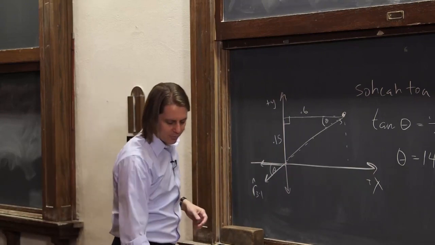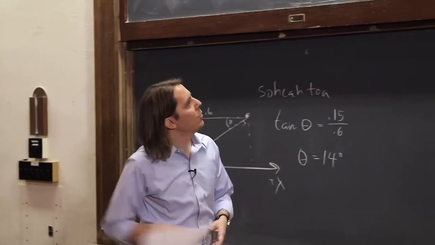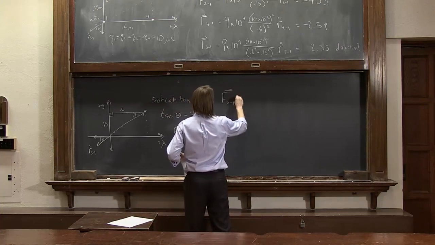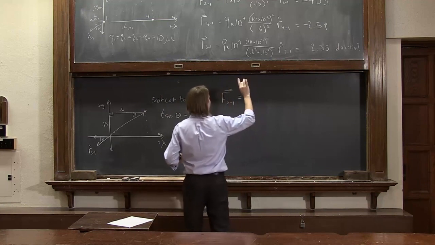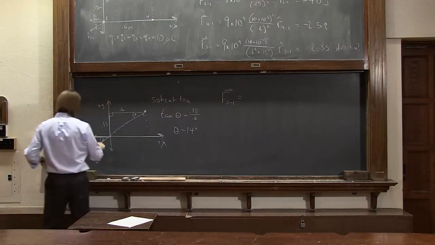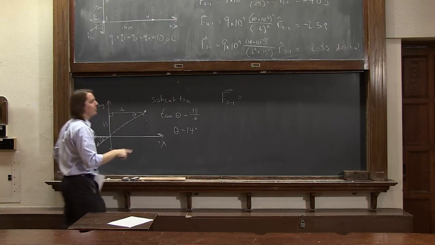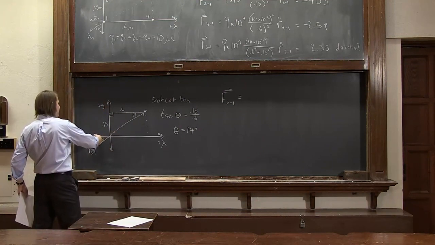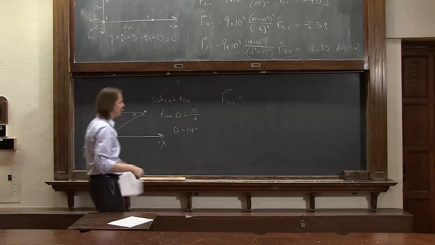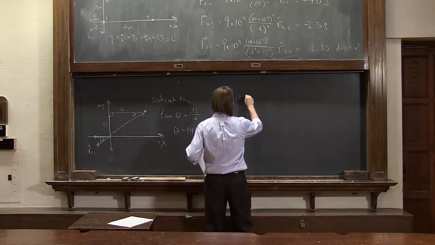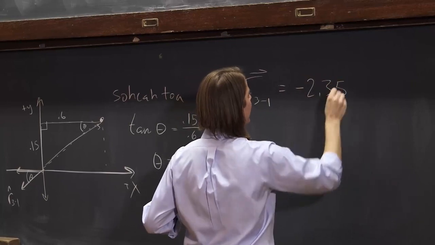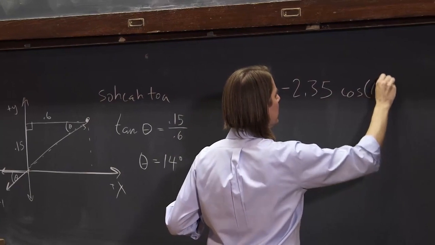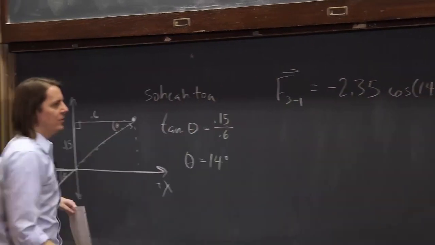Let's see. So we could then write this F31. Starting with what we had before, F31 would be the magnitude 2.35 times these sine and cosine components, but it's also negative. Just by inspection, we can tell this axis has a negative component, this axis has a negative component. So we're going to put in the negatives, minus 2.35, and remember it's newtons, I'm not writing the units, times the cosine of 14 degrees.